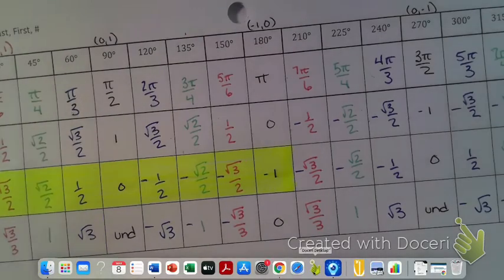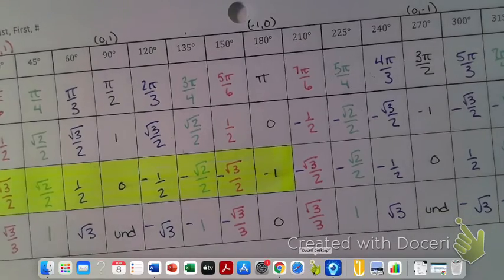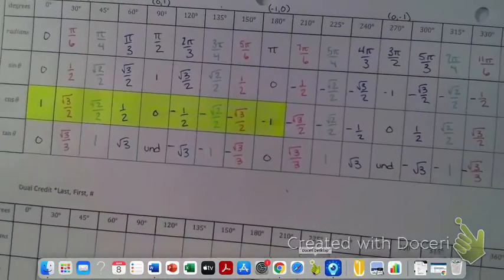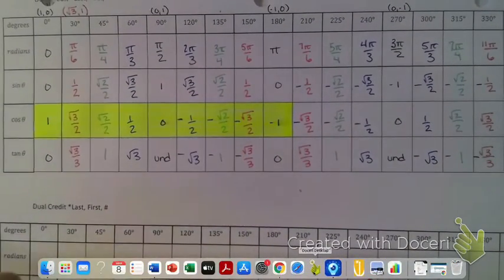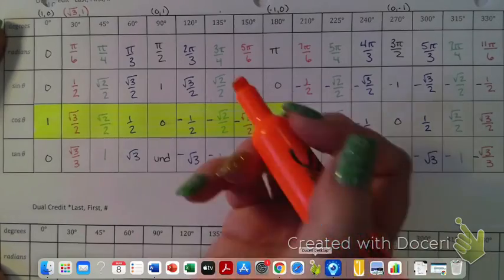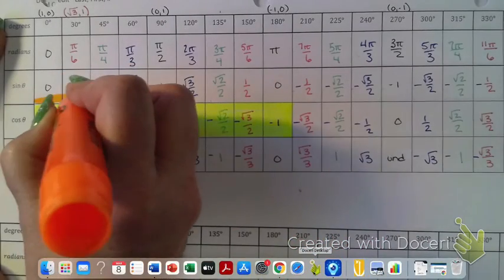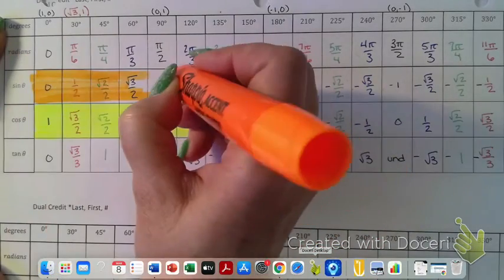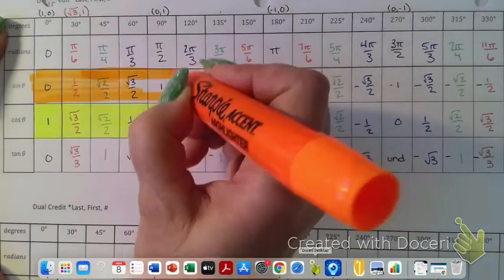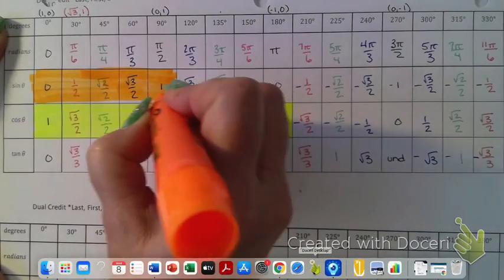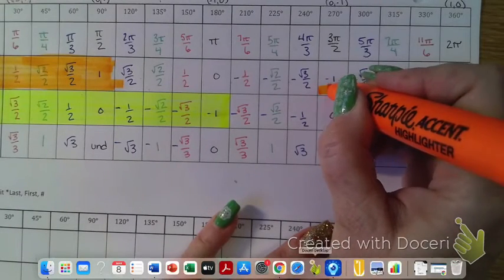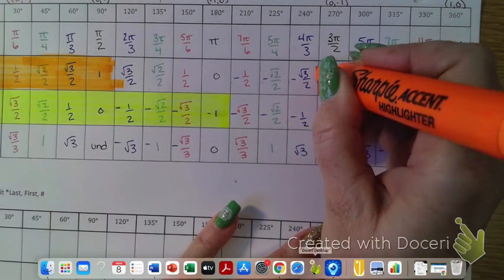What did we restrict sine to? Sine was the first and the what? Negative pi over 2 to pi over 2. Okay, so the first and the fourth quadrant. So you need to highlight the first quadrant, and then go to the end and highlight the fourth.